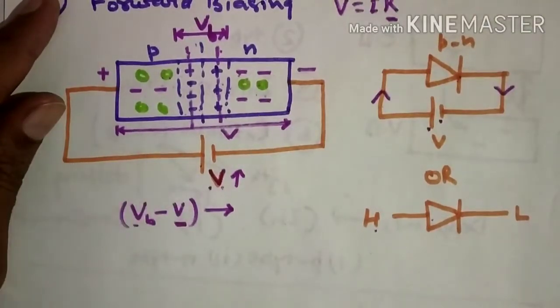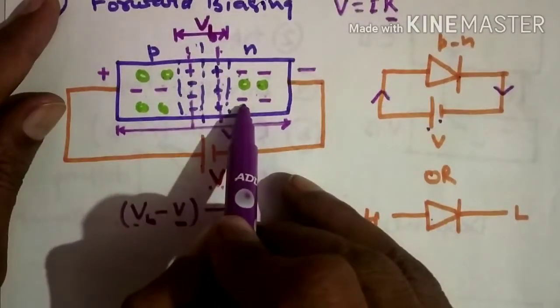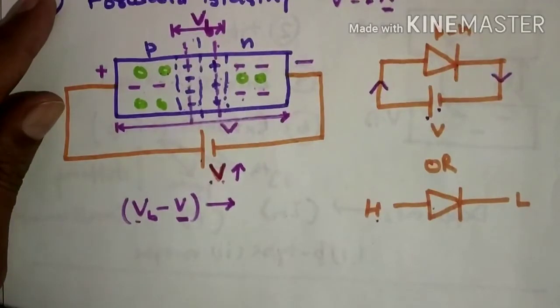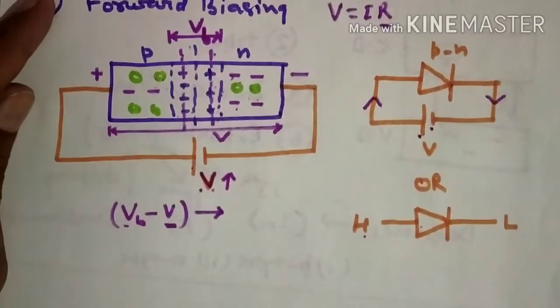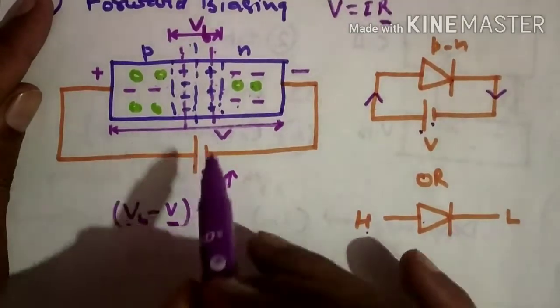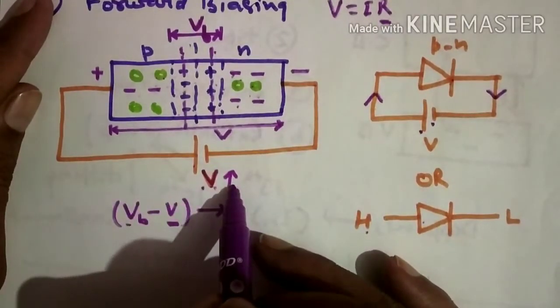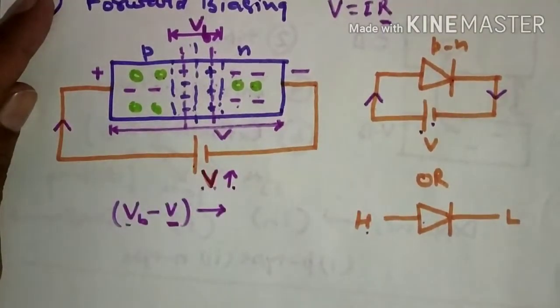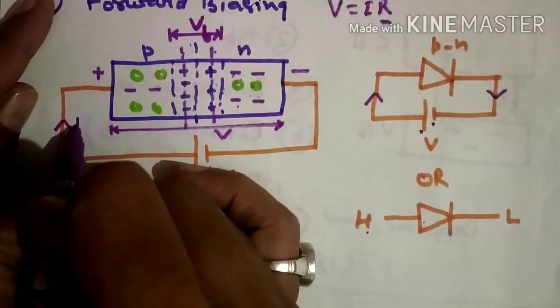So therefore, more current carriers will start crossing the junction, and thus the current will start increasing. So what we observe is that when we increase this potential difference, the current increases.